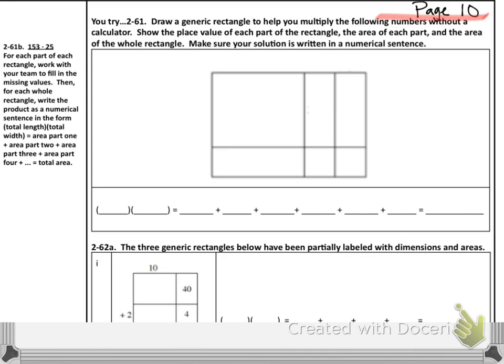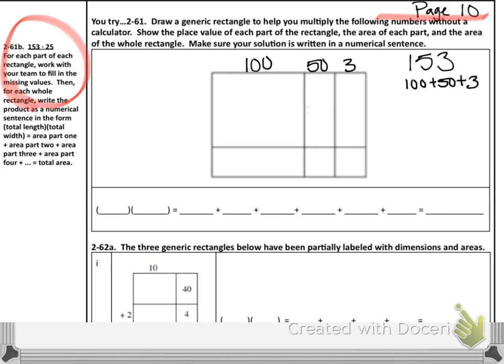If we look at the first question, again, it comes from the margin. 153 multiplied by 25. If I take a look at 153 on a generic rectangle, that would be 100 plus 50 and 3. 153.